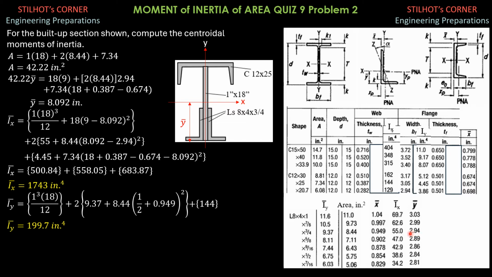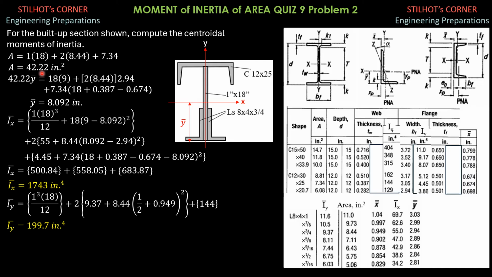So the area is 2 times 8.44, plus the area of this channel designated as C12 by 25, which is 7.34. So the area is therefore 42.22 square inches.